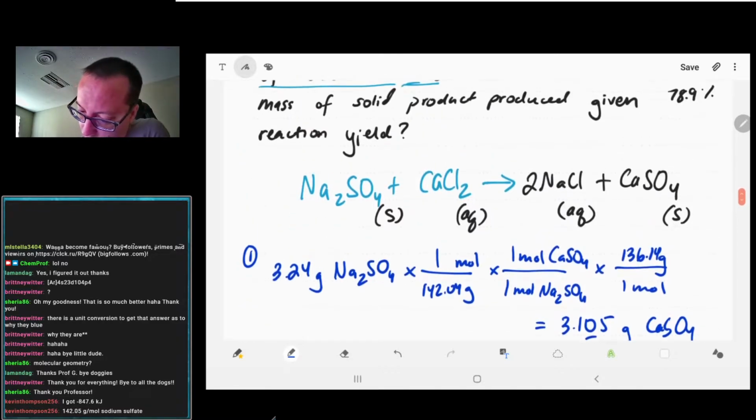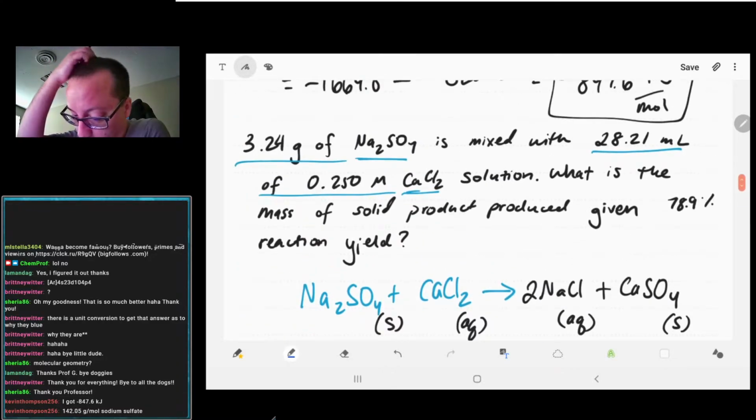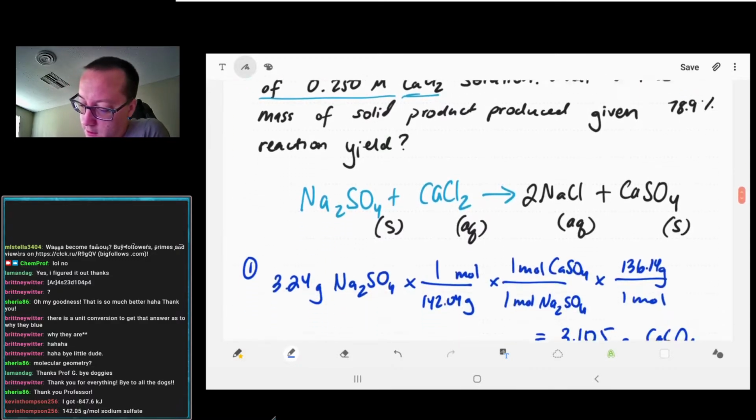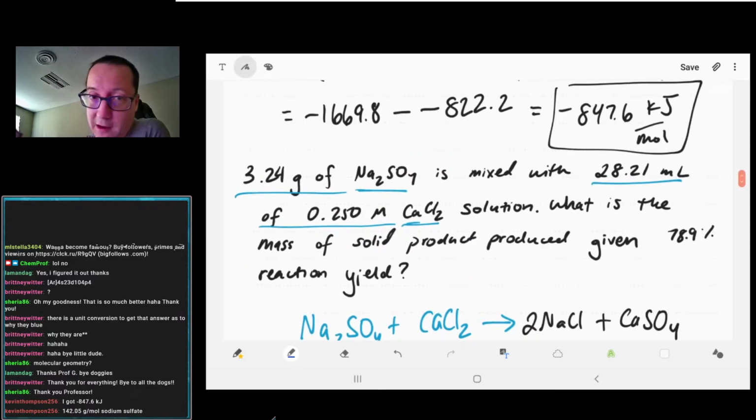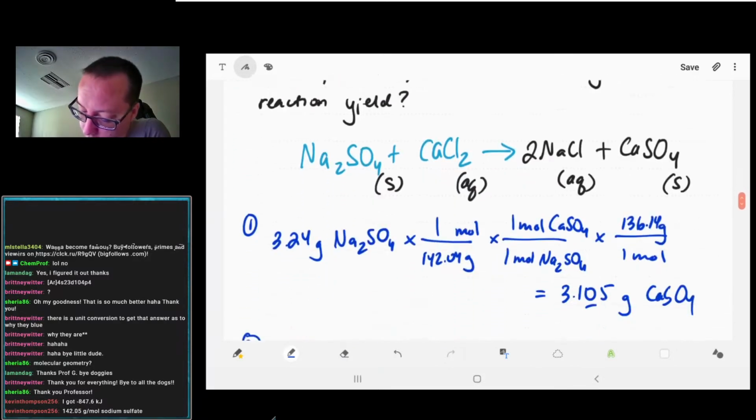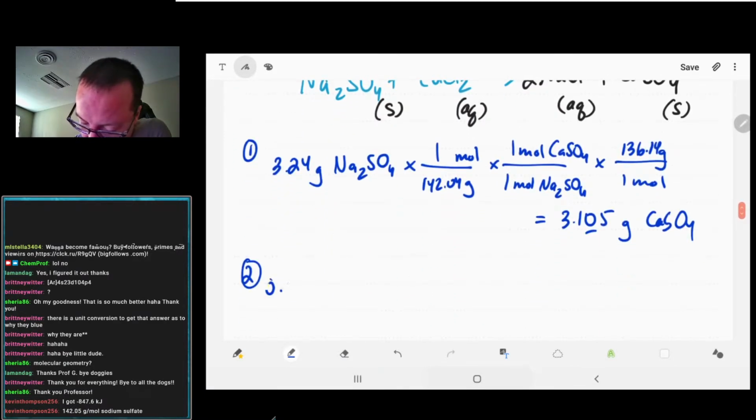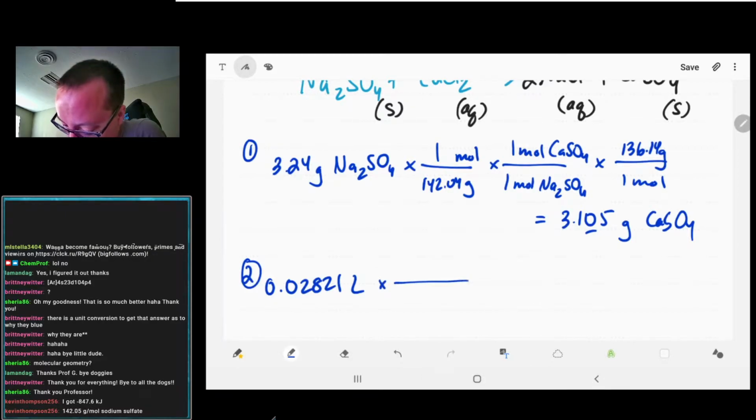If we're looking at the second one, we're given a volume and a molarity. Remember, volume is our measured quantity. Molarity is a conversion factor. And since molarity is per liter, I'm just going to go ahead and convert this milliliters into liters right away. I hope by now you guys can do milliliters to liters without any problems.